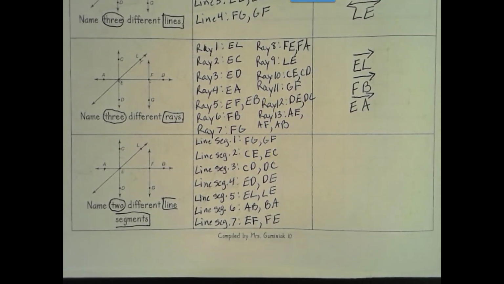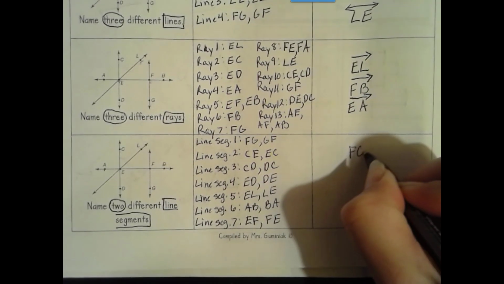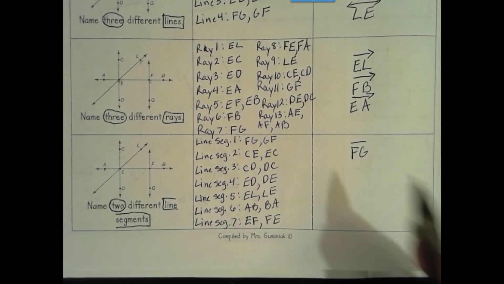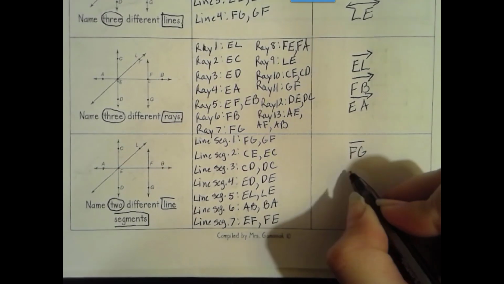How do we know these 2 letters mean a line segment, not the distance between the points, not a line, or not a ray? Well, you take the 2 letters and you just draw a line on top with no arrows, and that means line segment FG. So that's how we know it's a line segment and not a line or a ray. But you have to have something on top, otherwise we're talking about a distance.